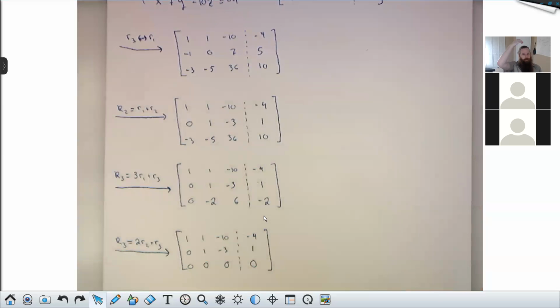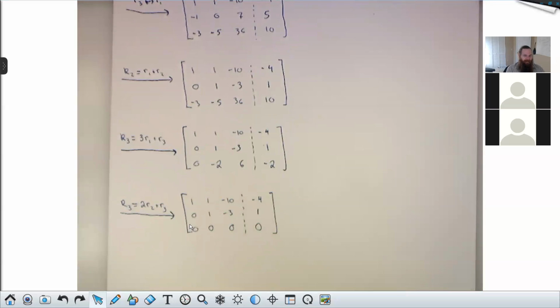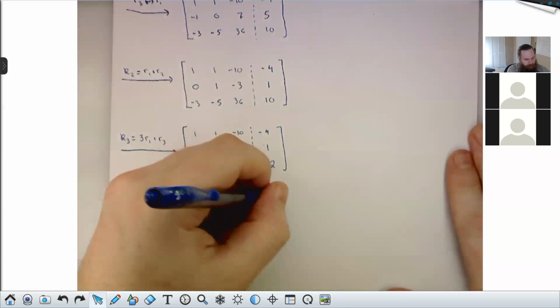Something weird has happened here. I got a row of all zeros. Well, what this means is that this bottom equation, let's rewrite this as a system now.